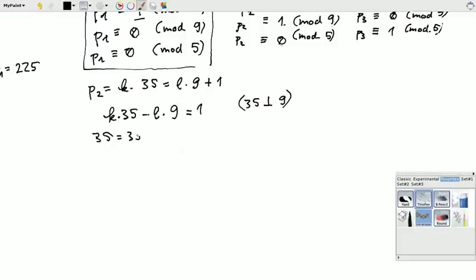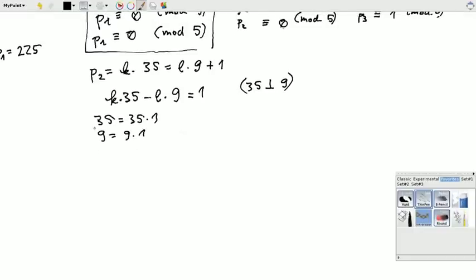35 is equal to 35 times 1. 9 is equal to 9 times 1. Now, 35 modulo 9 is equal to 8. Let me show you why. That is because 9 times 3 is equal to 27.